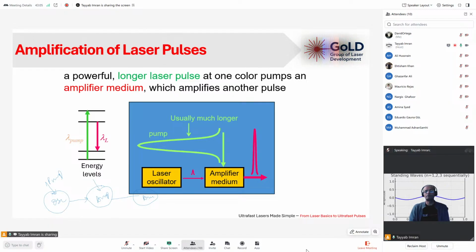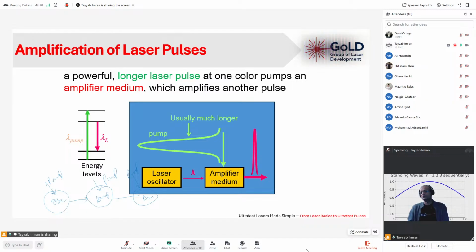You also need a pump here. And you also need a pump here. Okay. So without pumping, amplification will not work as well. And without pumping, definitely the oscillator will not work as well.